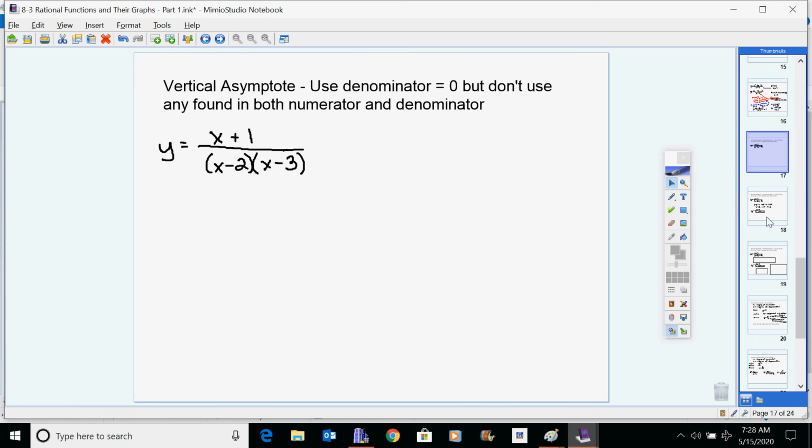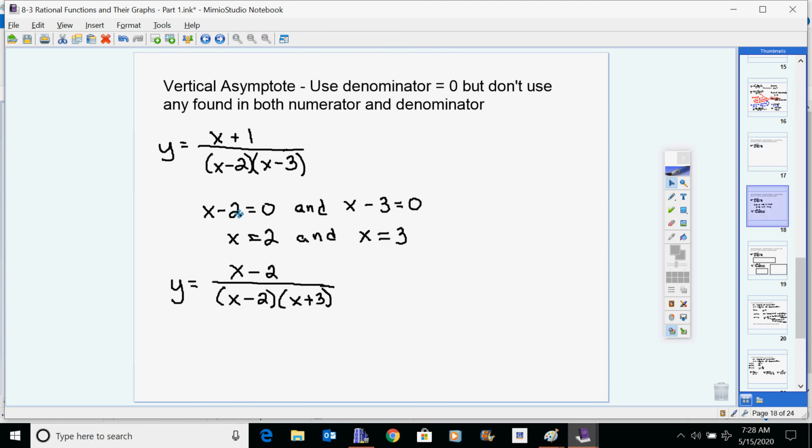Vertical asymptotes come from the points of discontinuity when nothing cancels out, so we need to look for the things that give you zeros in the denominator, which in this case is 2 and 3. So x equals 2 and x equals 3, those vertical lines would be your vertical asymptotes.